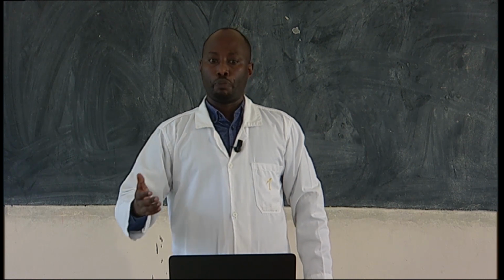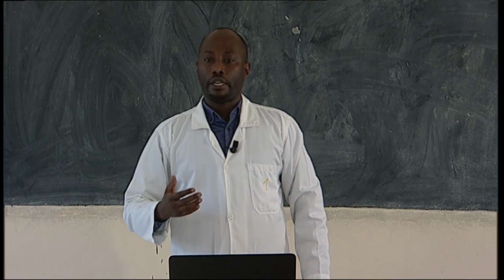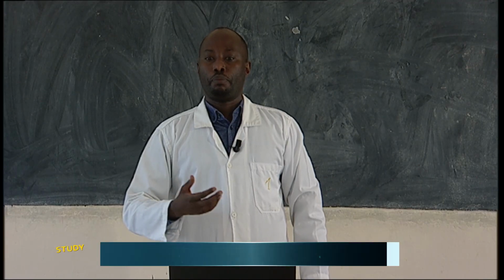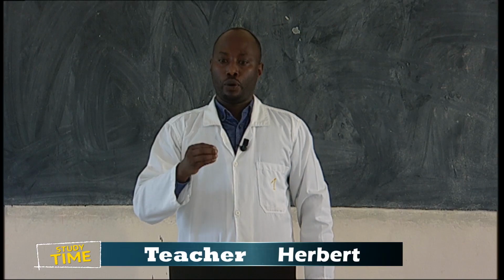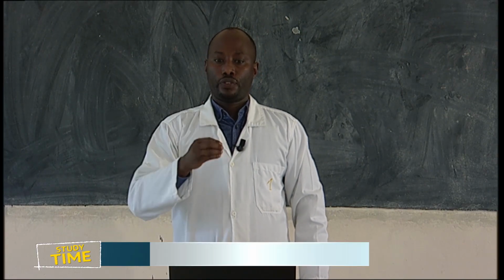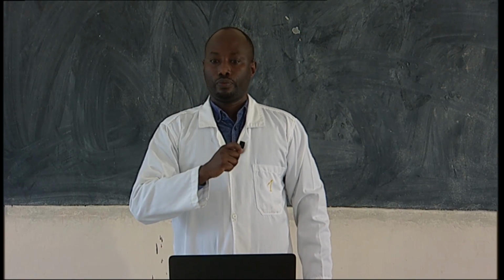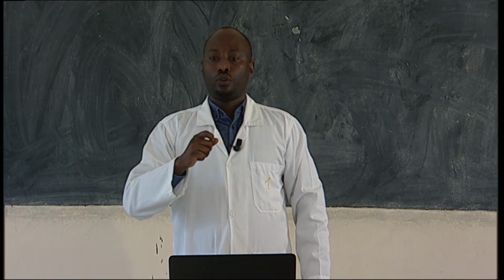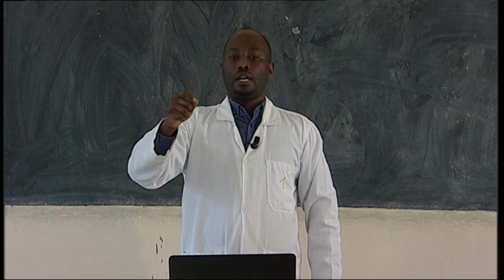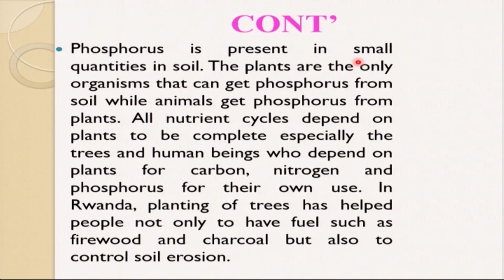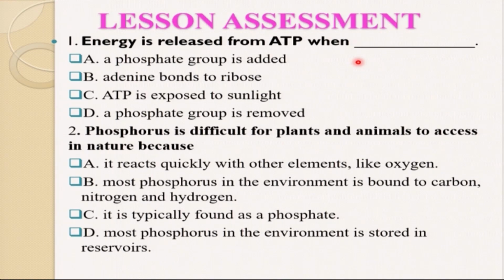The nutrient cycle depends on plants, especially trees, and human beings depend on plants for carbon, nitrogen, phosphorus for their own use. In Rwanda, planting of trees has helped people not only as fuel, firewood and charcoal, but also for controlling what you call soil erosion, and for making this nitrogen cycle keep saturating.